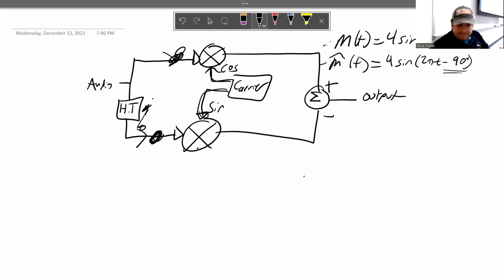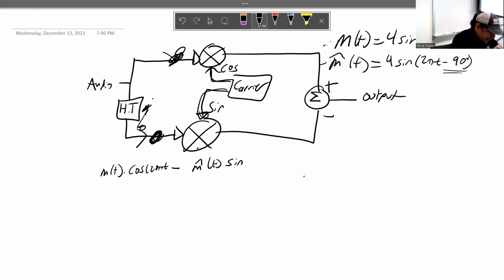That's where the problem comes in. It says m(t) times cosine of 20 pi t minus m hat(t) times sine of 20 pi t. That makes sense? You see what's going on?